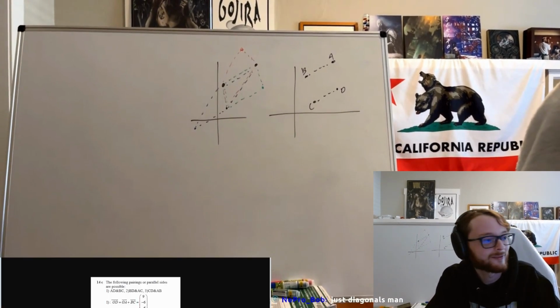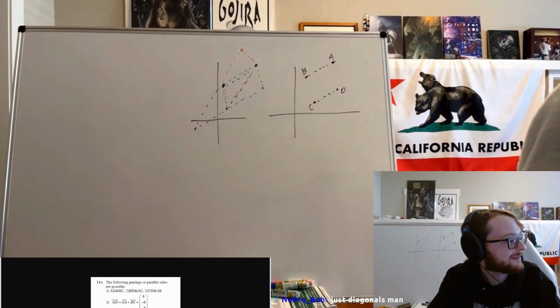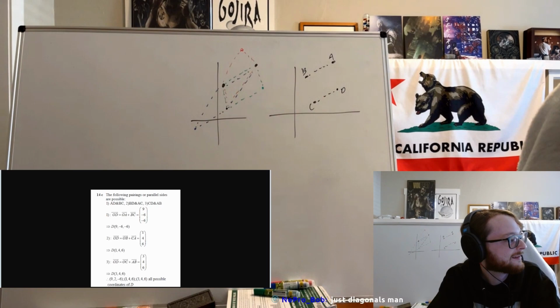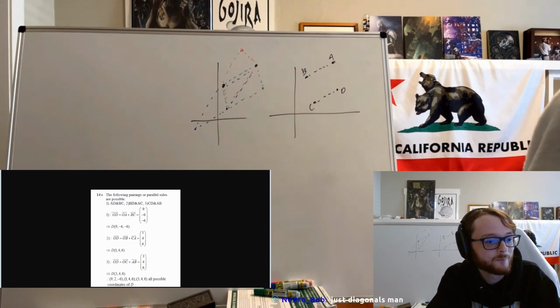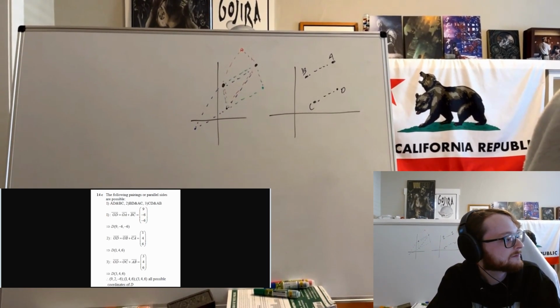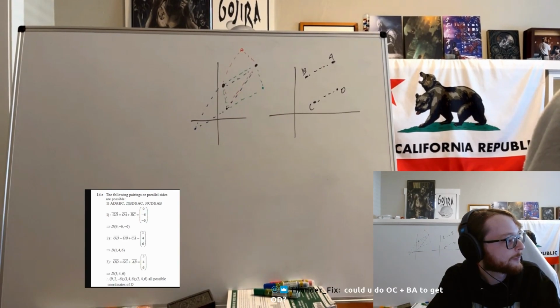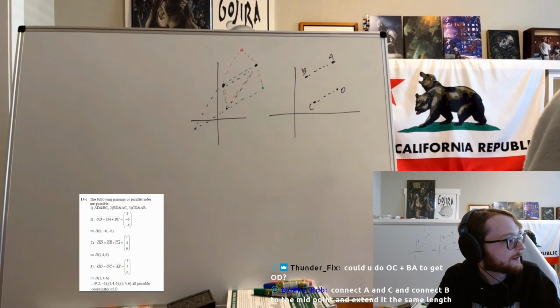Let me look back at the answer here. Because I want to do this in the way that Thunder is supposed to, not just in the way that I would want to.